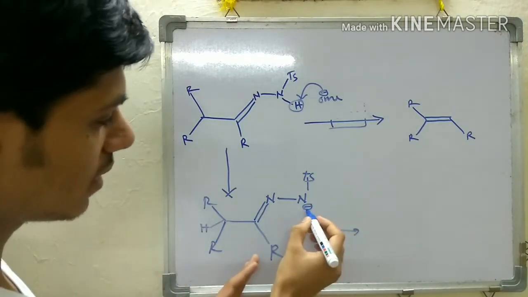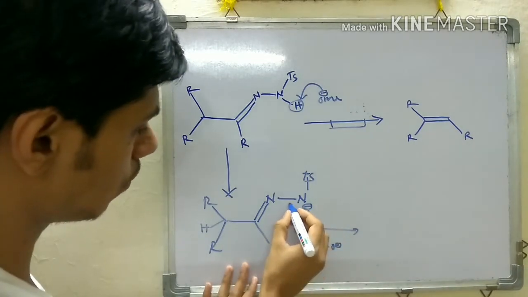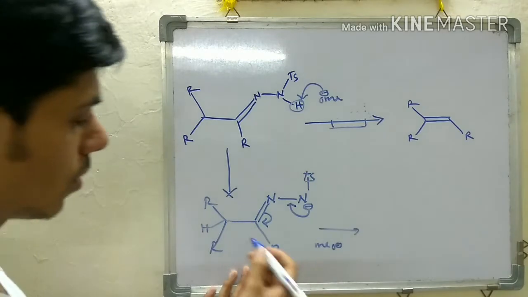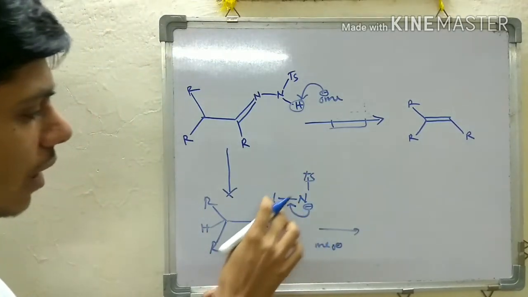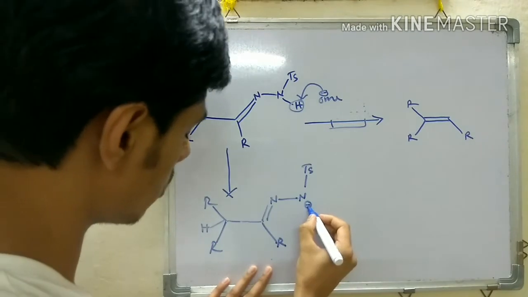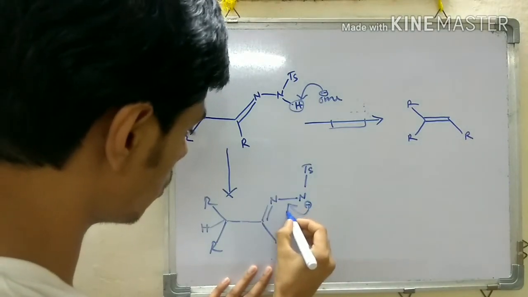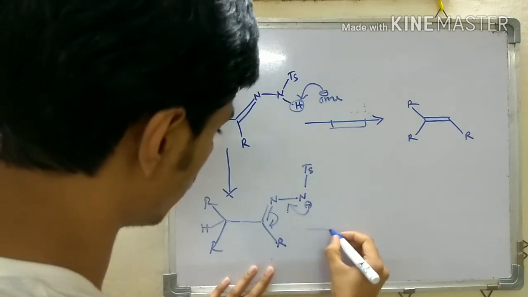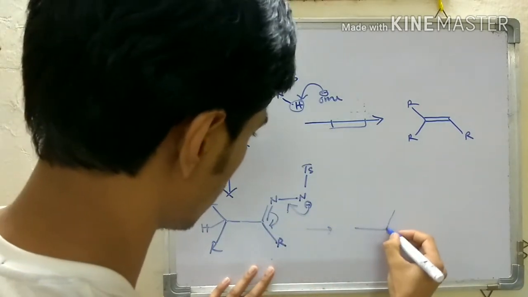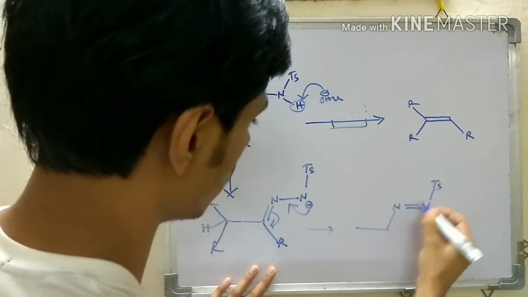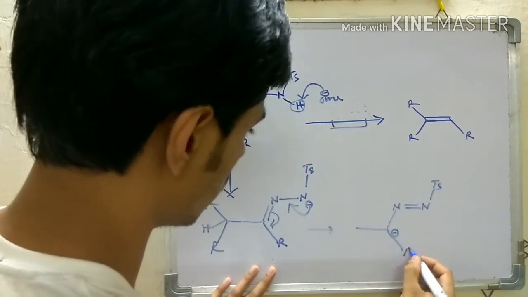So this negative charge can play a resonance between these centers, and now this negative charge can push here, and this double bond will come here, so you will get N double bond N, here Ts, and here you have a negative charge, here you have R.